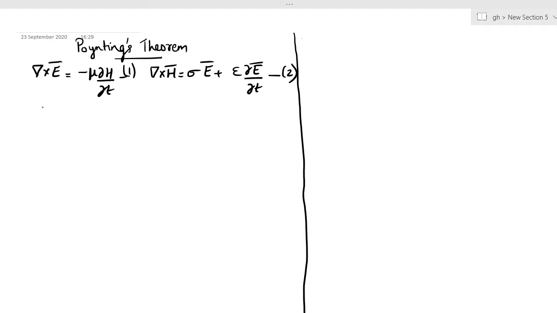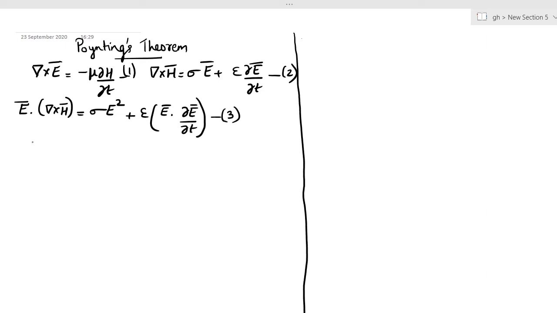So on both sides, both LHS and RHS, you are taking the dot product with E. Then equation 2 will be modified as vector E dot curl H is equal to sigma E dot E, which is E square, plus epsilon E dot ∂E/∂t. This is equation 3.